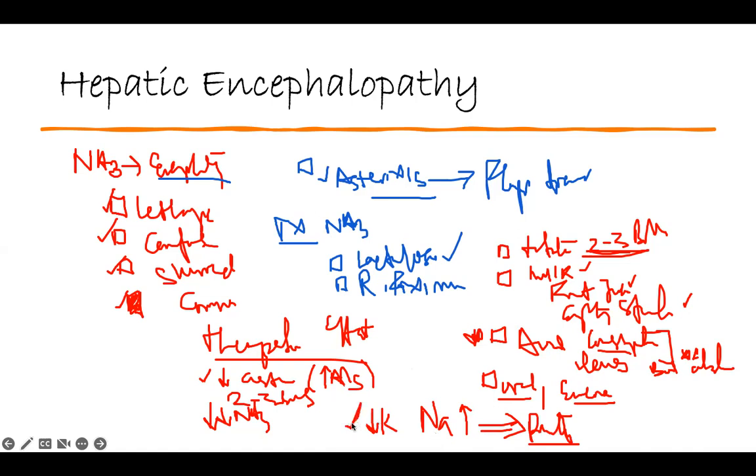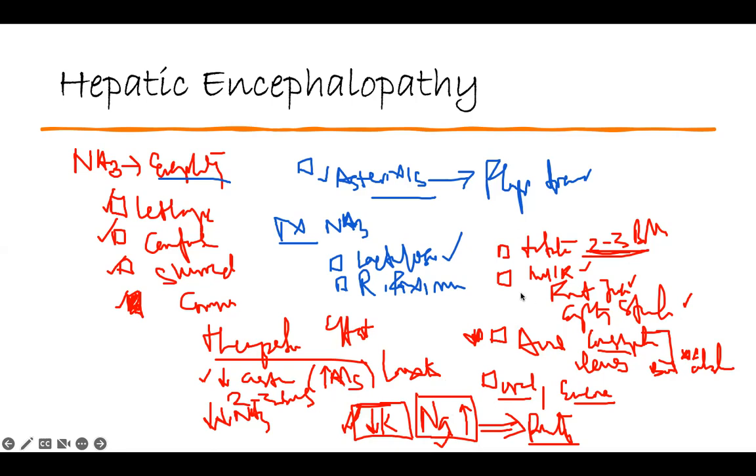Their potassium goes down. You know, hypokalemia is not good. And their sodium goes up because of the laxative effect of lactulose. So watch for their potassium, which goes down, and sodium, which goes up.